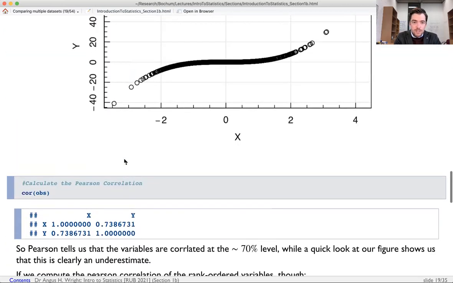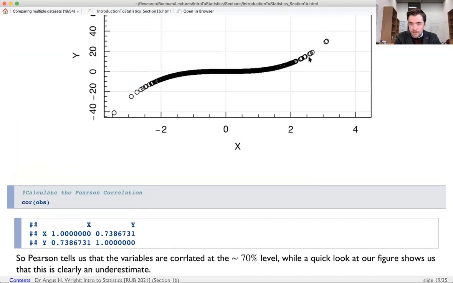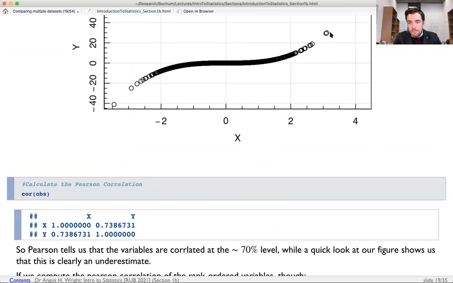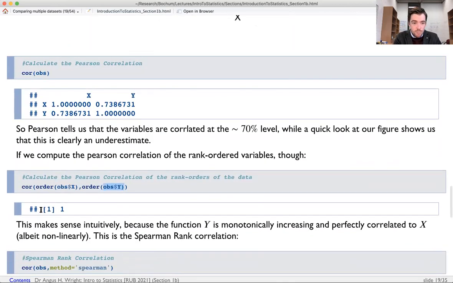And because this is perfectly monotonically increasing, the first X is the first Y. The second X is the second Y. The nth X is the nth Y. And the infinite X is the infinite Y, the infinite minus 1, right? And so the Pearson's correlation of the rank ordering of the X and Y values is perfect, is 1.